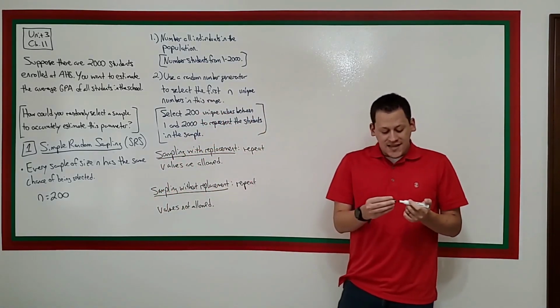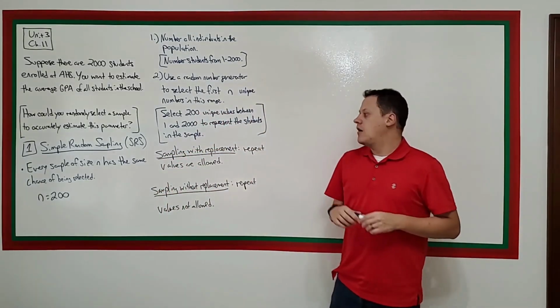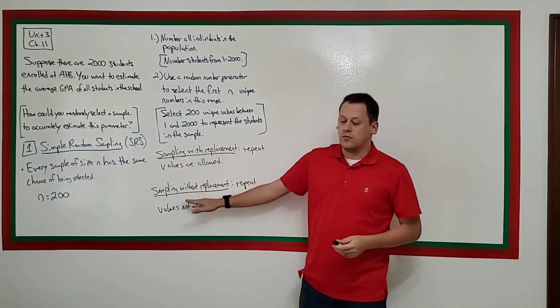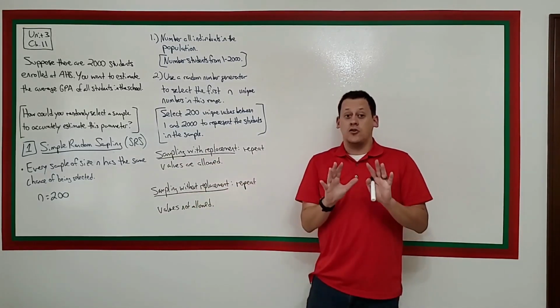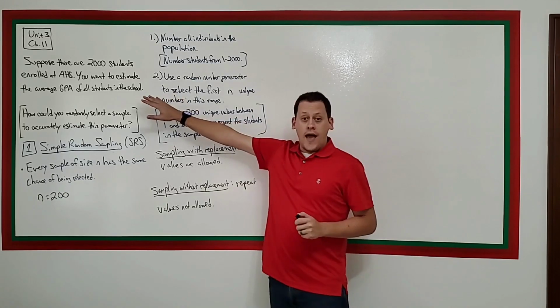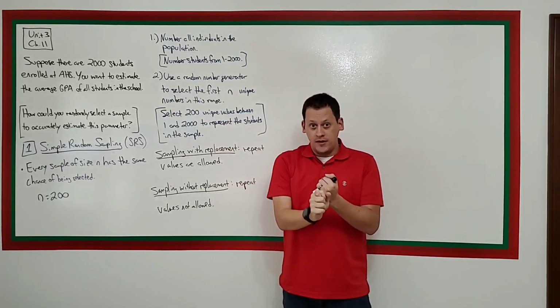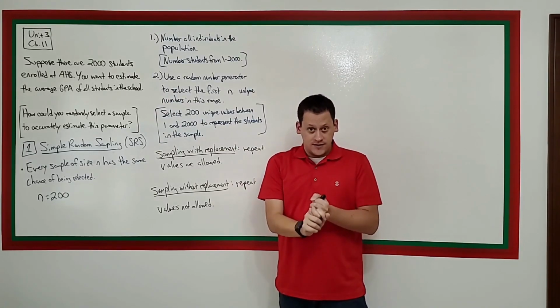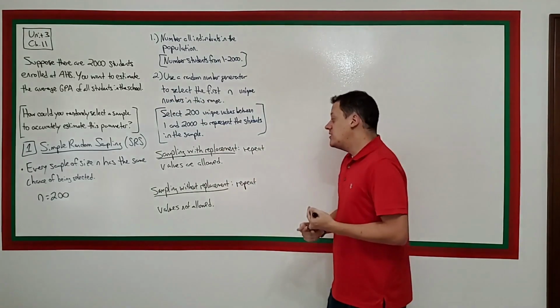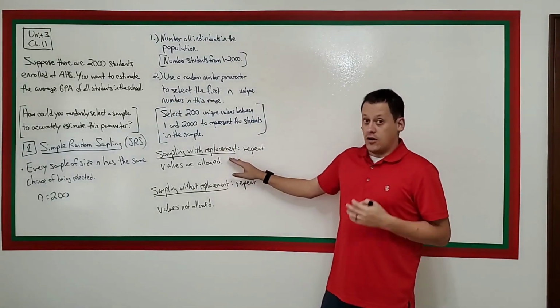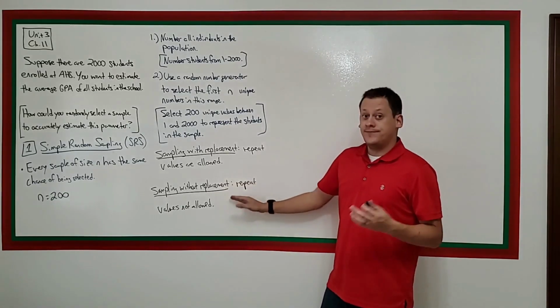Okay. So you can't just say one way or the other, oh yes, for SRS you're always going to want to sample without replacement. You'll have to take a good look at the situation that you've got, who or what is making up your population, how you are determining the sample, and that should tell you whether repeat values are okay or not.